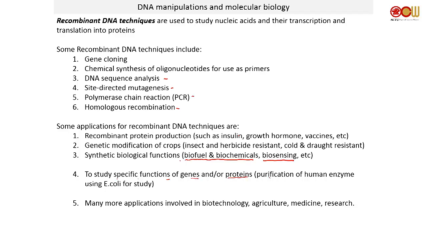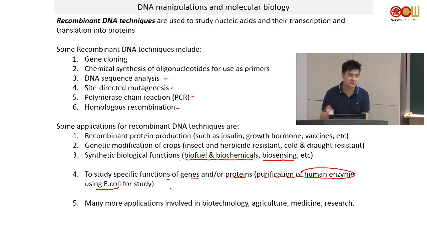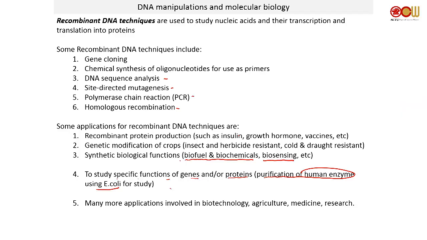For example, we can purify a human enzyme using E. coli, and then after we purify it, we study it. You can't do that unless you have recombinant DNA techniques. Otherwise, how do you get human proteins? From the human body? No one's going to let you harvest their proteins. So obviously you have to clone it from genes, put it into E. coli, and then get a lot of that protein. And there are many more applications involved in biotechnology, agriculture, medicine, and research.